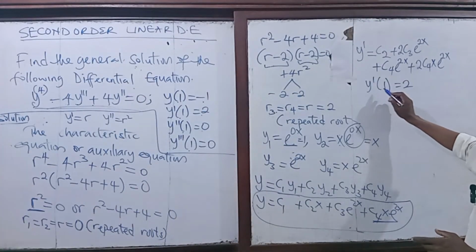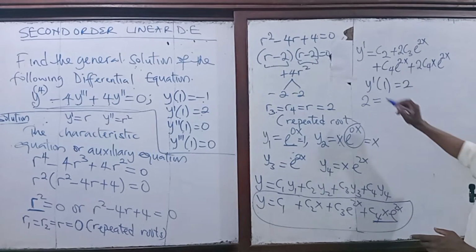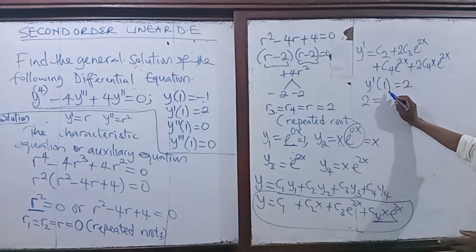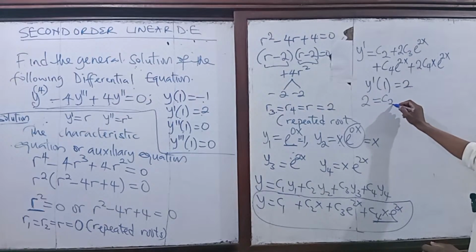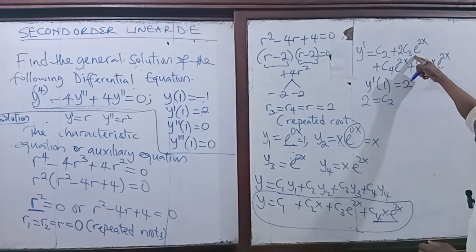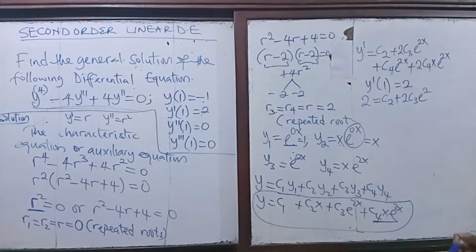When x is 1, the first differential is 2. So we have C2, then plus 2C3 e to power 2, plus, you can combine these two together, but they are not the same.